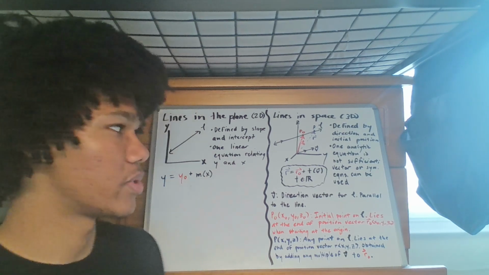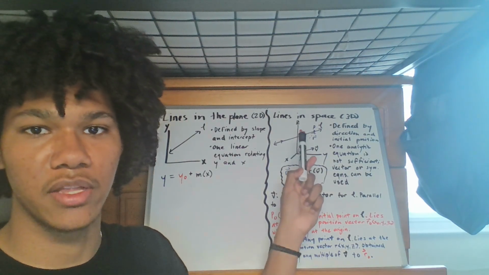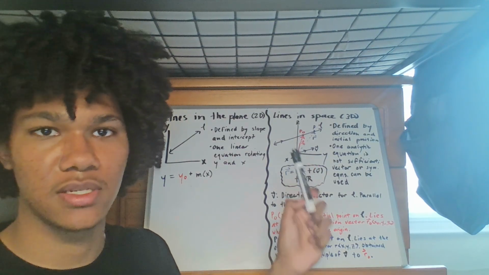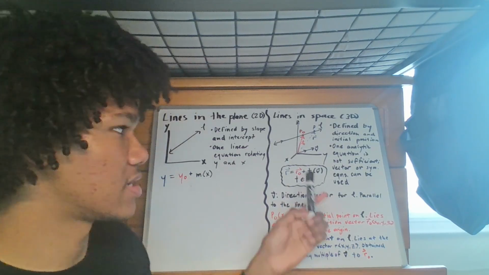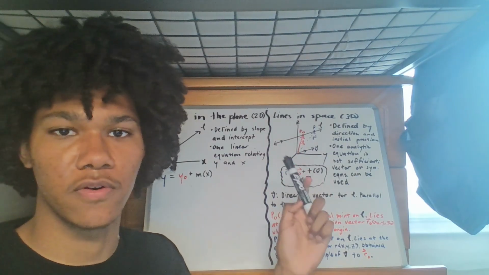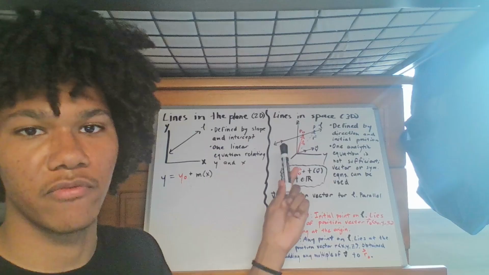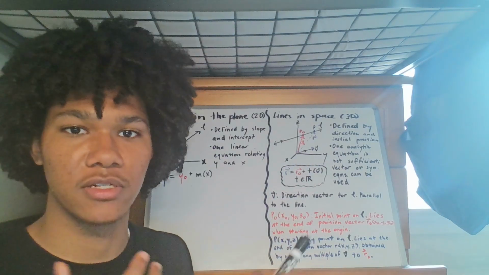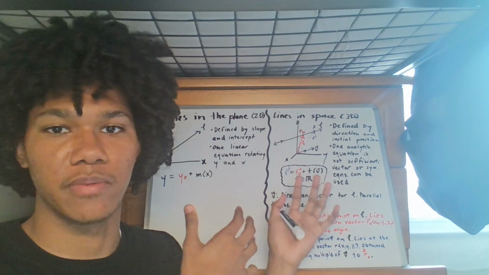That means if we let the tail of our vector be at the origin and the vector ends at our point in space, that vector is going to be the position vector for that point. In this case, we let P0 have the coordinates x0, y0, z0, and r0 is going to be the vector that represents our point. Remember, vectors can represent anything we want. In this case, our vectors are representing points.